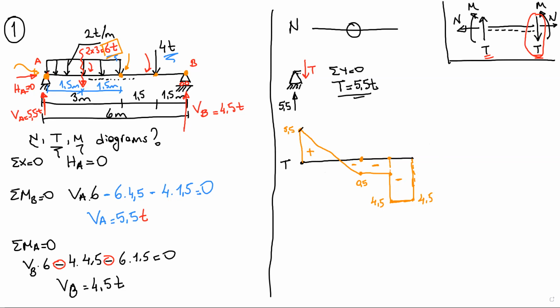Now, let's look at some tricks on the T diagram. Let me change my color. For example, at start point, we have a support reaction, which is VA, right?